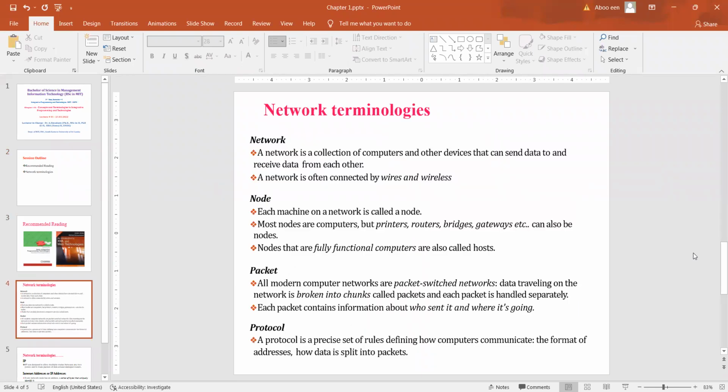All modern computer networks are packet switched networks. Data traveling on the network is broken into chunks called packets, and each packet is handled separately. Each packet contains information about who sent it, meaning the sender or origin, and where it's going, the destination related information. So the data packet will carry information like who is sending this data packet, what the protocol is, and what the actual message is.